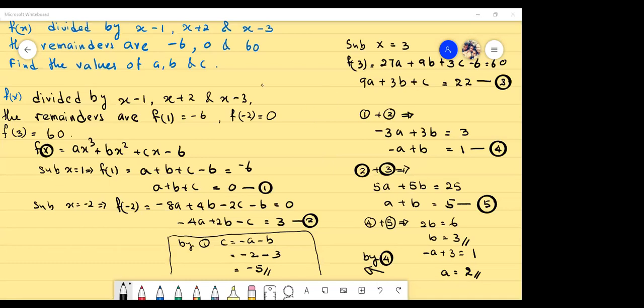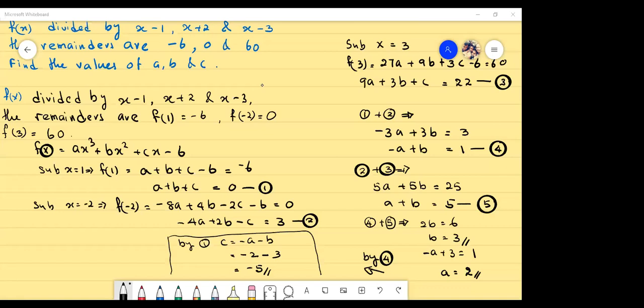Right. Who got the answers? Raise your hands. What happened to the others? Who has taken the first three equations correctly?